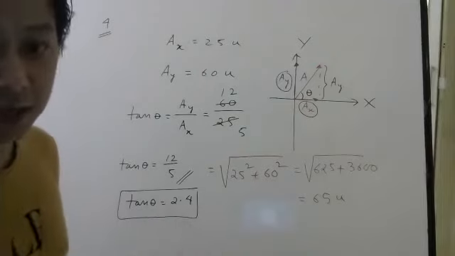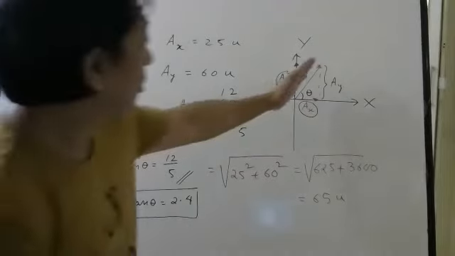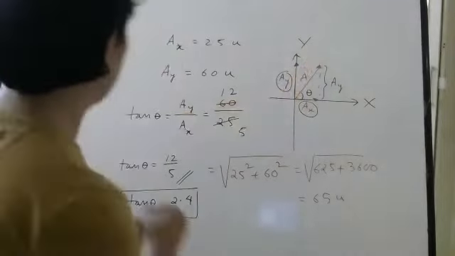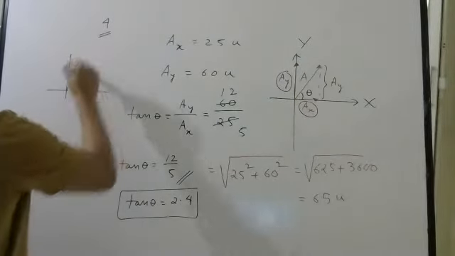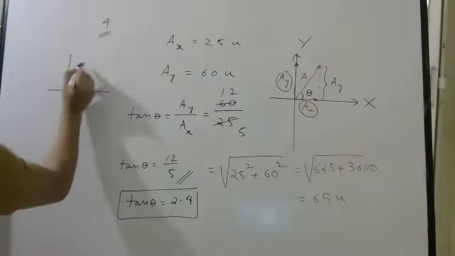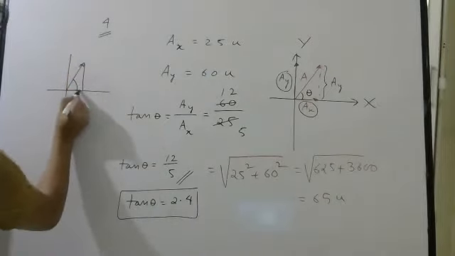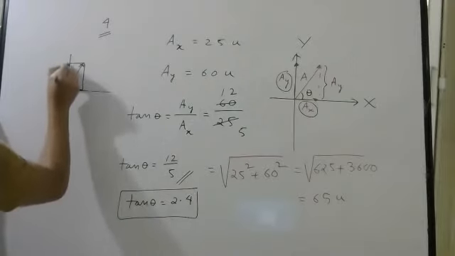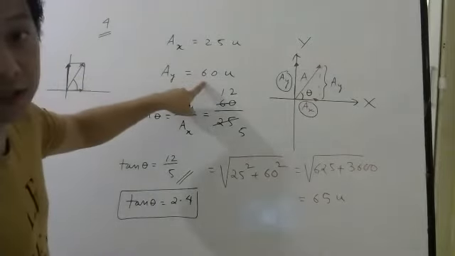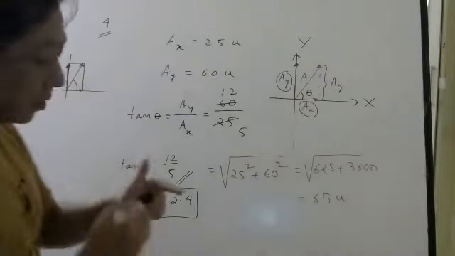So it must be greater than 45 degree. So it will be somewhere here. If the vector is at an angle more than 45, then always your x component will be smaller, y component will be larger. As you can see here also, y component is larger compared to x component.